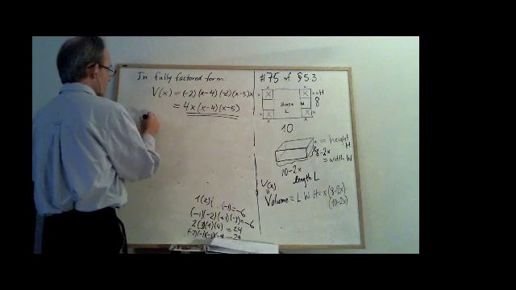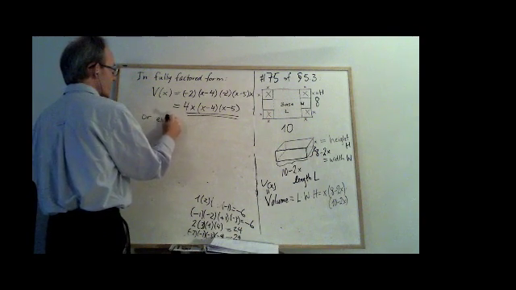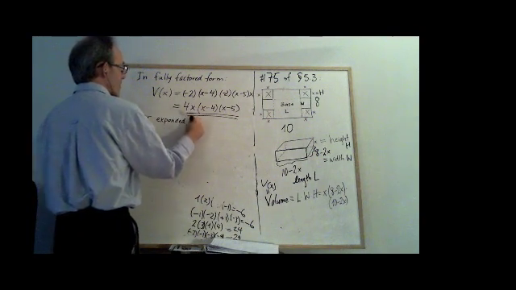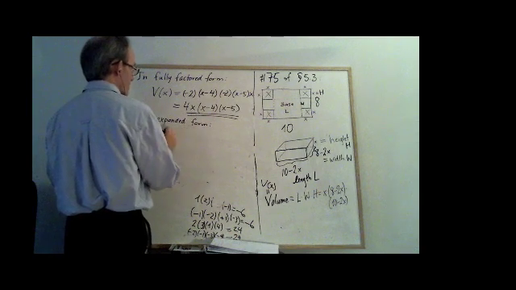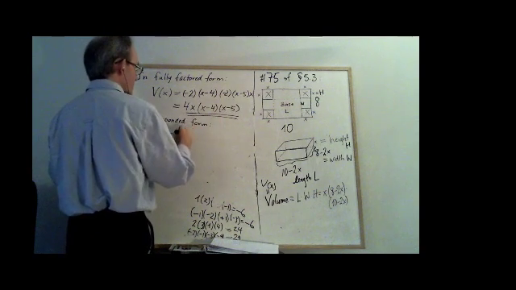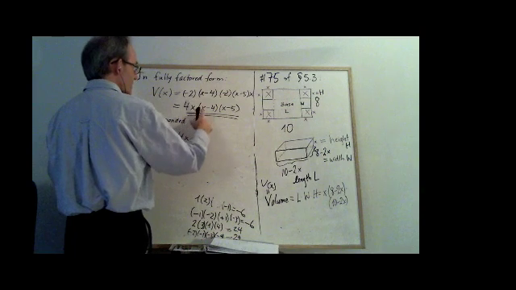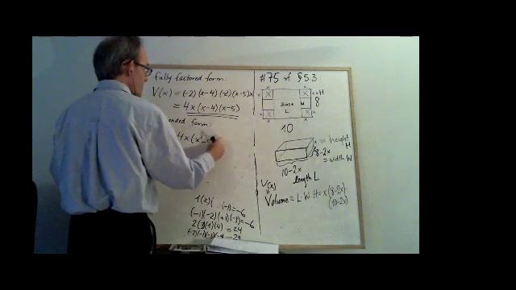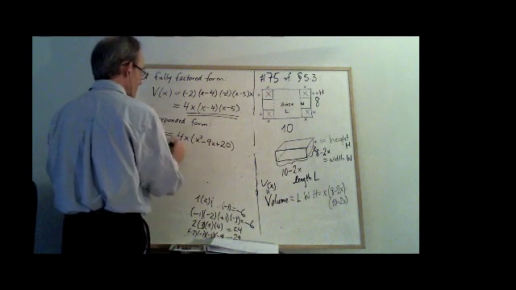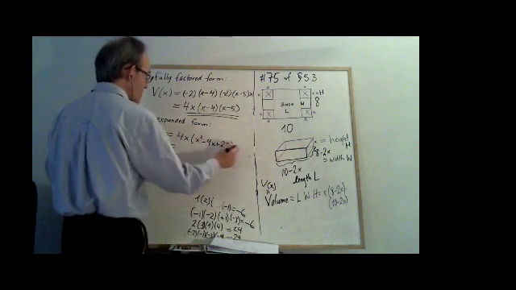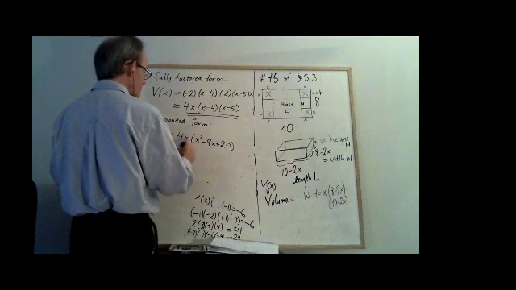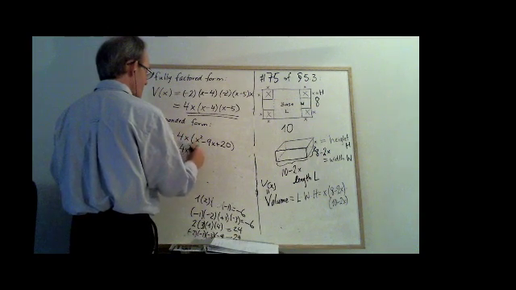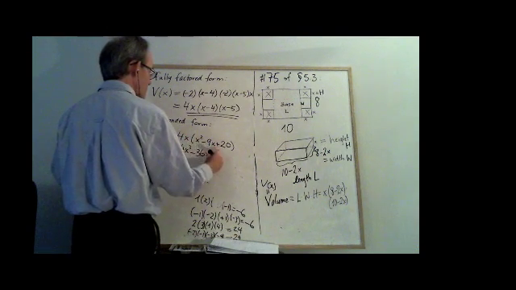Or the expanded form, for x times, you multiply this out and you get x squared minus 9x plus 20. So when you expand everything out, remove all the brackets, you get 4x cubed minus 36x squared plus 80x.